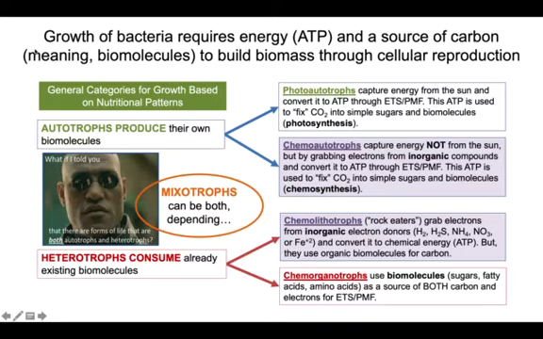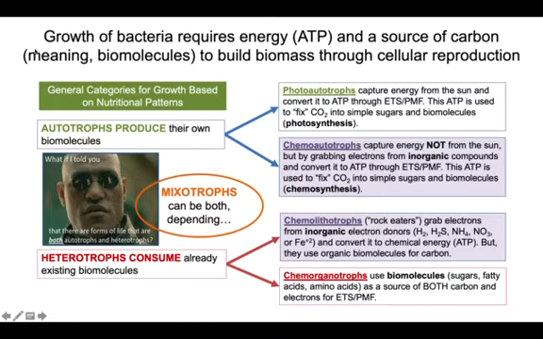What they end up doing is taking electrons, or the electron donors come from inorganic molecules such as hydrogen sulfide, ammonia, nitrate, and they'll take those and convert them into ATP.